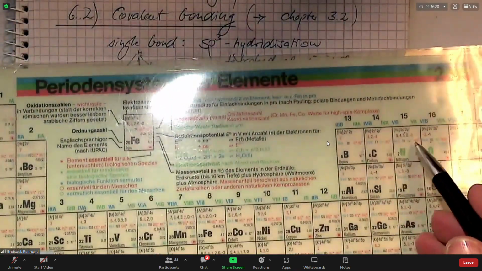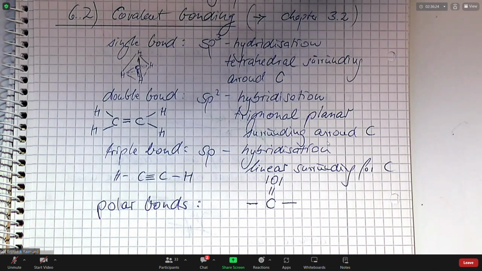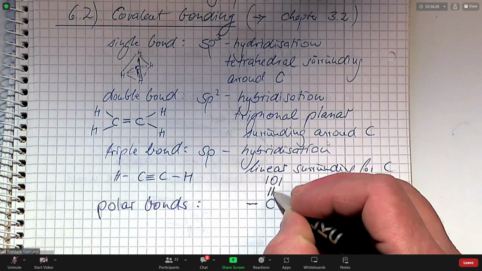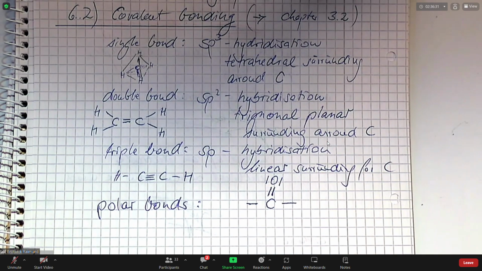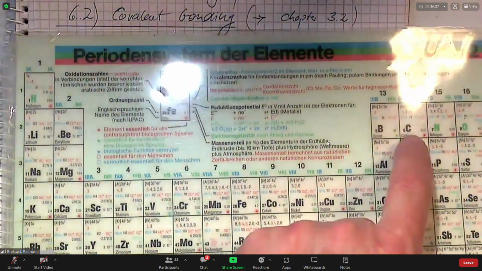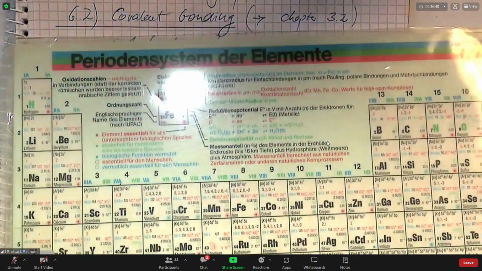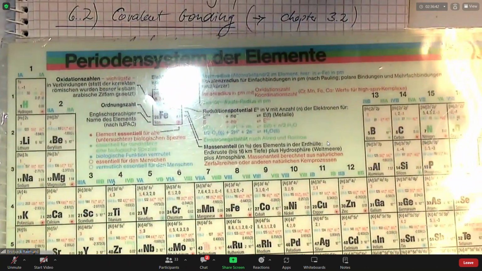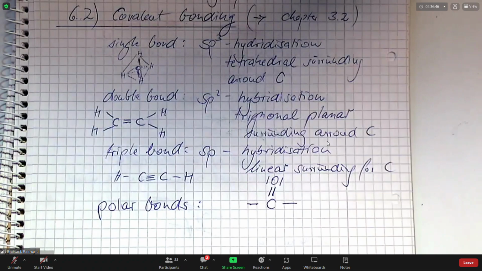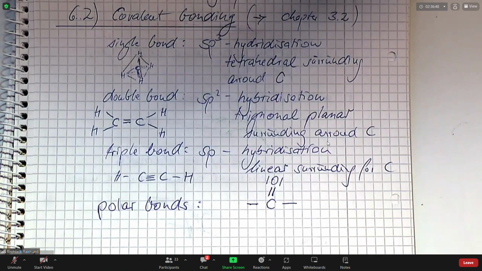We have 6 electrons, 1, 2, 3, 4, 5, 6 in the outer shell. That is what we always can check. The carbon, the maximum number of partners to be bound is 4. We are in the 4th main group, and maximum 4 electrons are available for sharing with others in form of a covalent bond. So we have 1, 2, 3, 4.